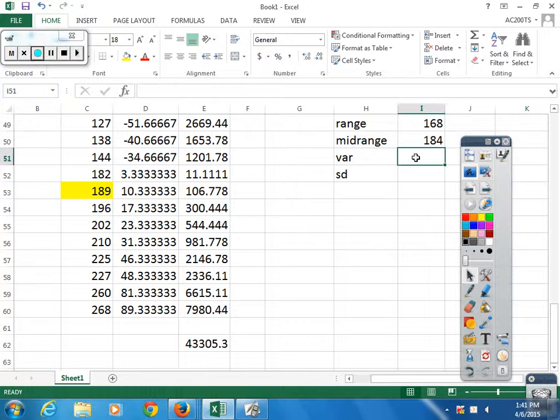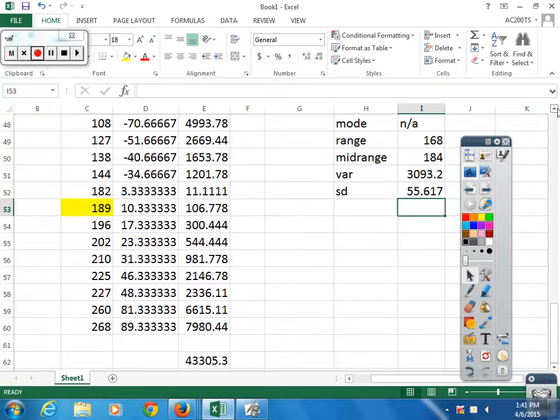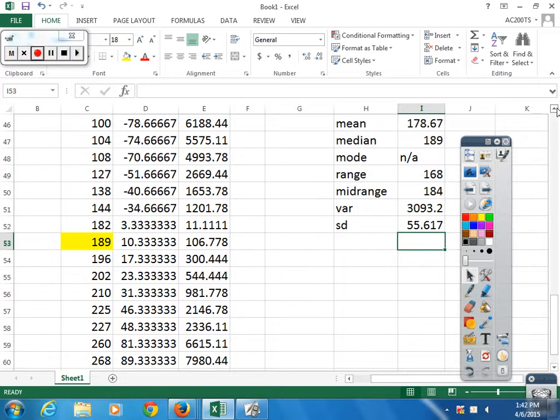So our variance is equal to this divided by 14, which would be 15 minus 1. That's 3093.2. And that number raised to the 0.5 power is 55.6.